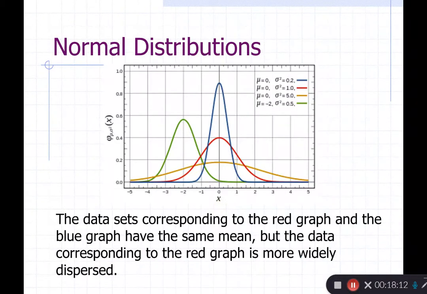Okay, and there's one graph here of significant importance, and that's the red one. So the red one has a mean of 0 and a standard deviation and variance of 1. That is a special case of the normal distribution. We call that the standard normal distribution.